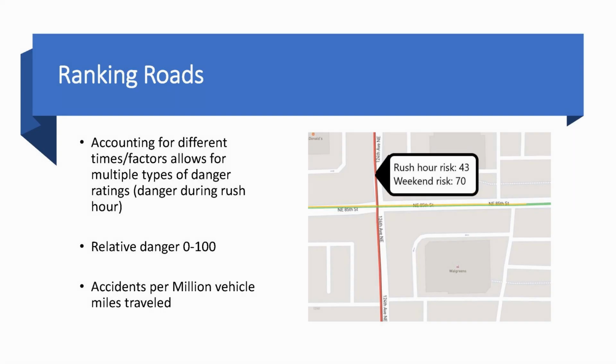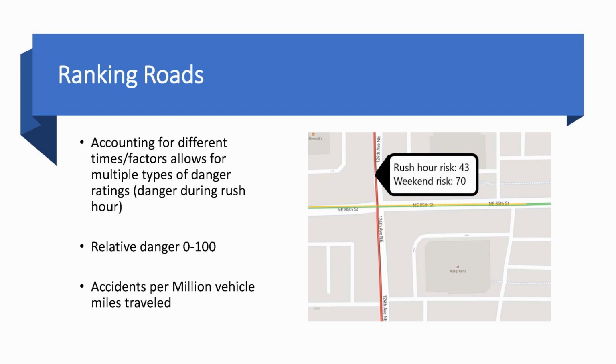Safe Routes calculates road safety ratings using a variety of factors, such as total accidents, the total volume of traffic, the time of day the road segment is most traveled, and even real-time elements, such as weather conditions, seasonal considerations, and construction. One of the benefits of accounting for these factors, like time of day and day of week and weather conditions, is that it allows us to assign different safety ratings for these various times and conditions.